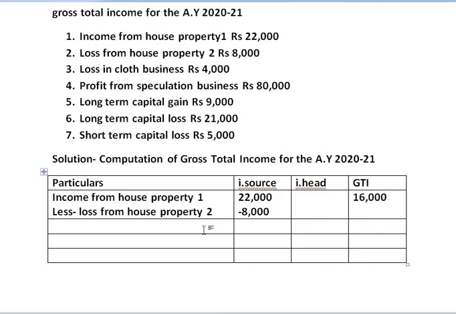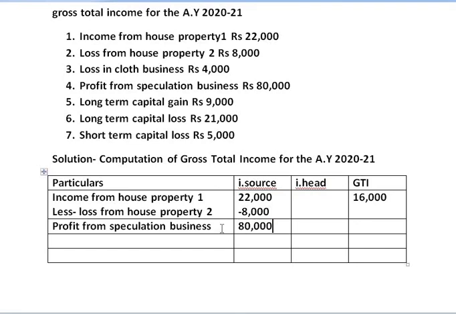Coming to the next, profit from speculation business and loss from cloth business. First we have to take profit from speculation business, which amounts to rupees 80,000.